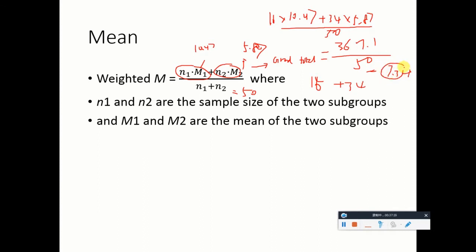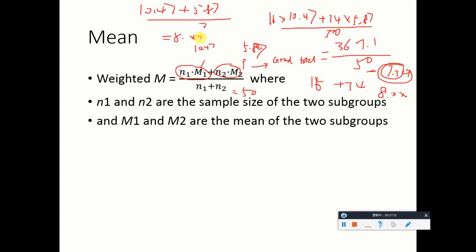So this value, 7.34, is obviously different from the mean that we calculated using the wrong formula, right? 8 point something, right? We notice that the average we calculated using 10.47 plus 5.87 divided by 2 gives us 8 point something.